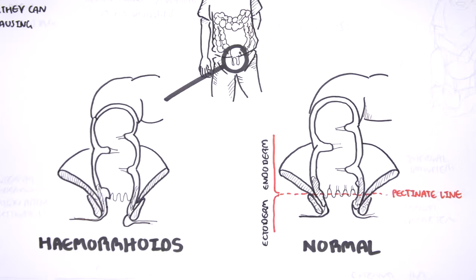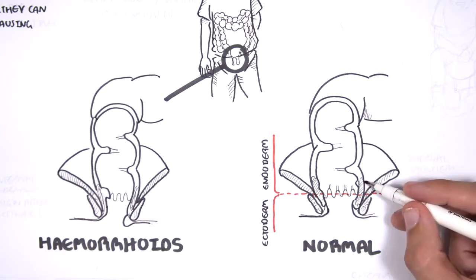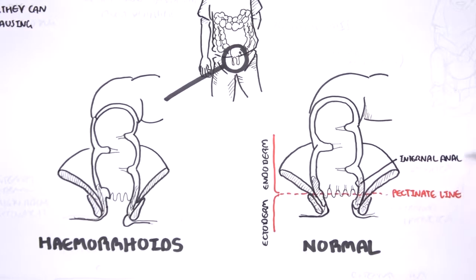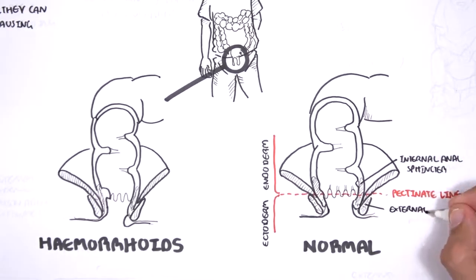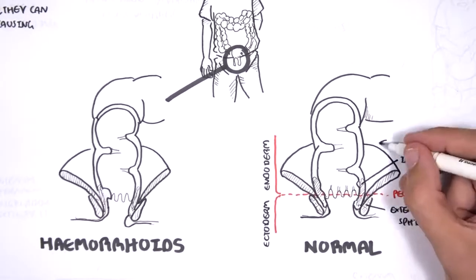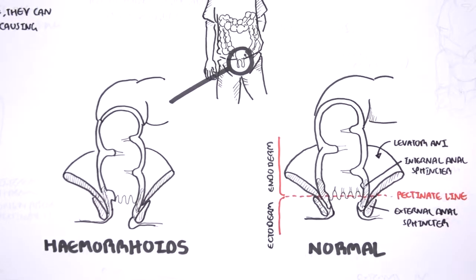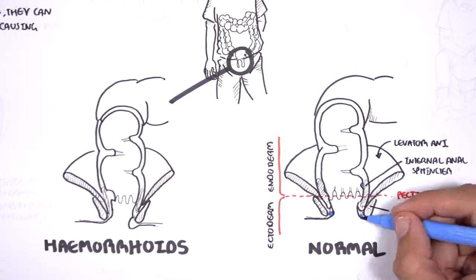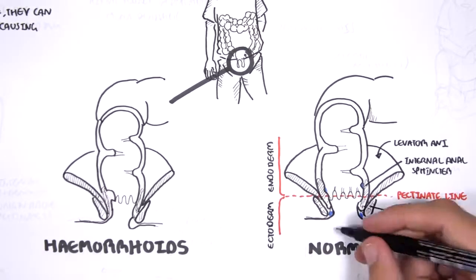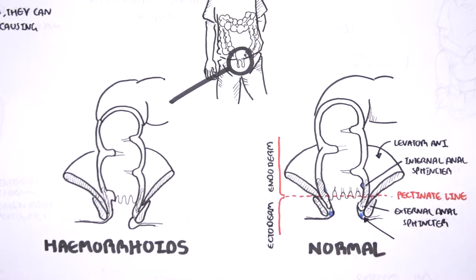There are muscles also surrounding the anal canal. These are the internal sphincteric muscles, which is controlled involuntarily, and then the external anal sphincter, which is under voluntary control. The levator ani is another important muscle that makes up the pelvic floor. Hemorrhoid plexuses or plexi are here, and there is an external and internal hemorrhoid plexus.